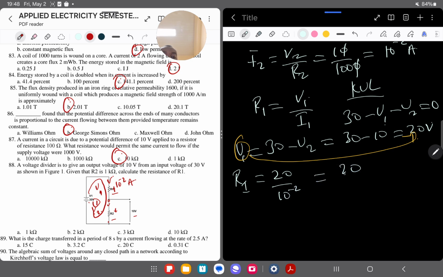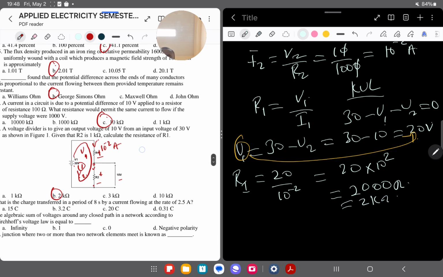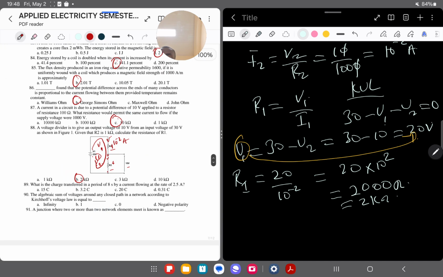When you bring this up, that will be 10 to the power positive 2. So that is 2000. You get 2000 ohms, which is the same as 2 kilo ohms. So that will be B here. The answer for this is B.